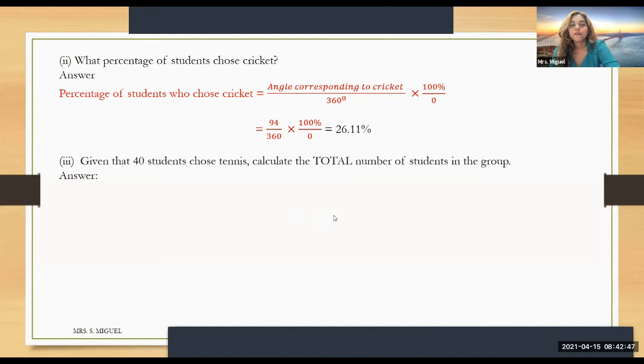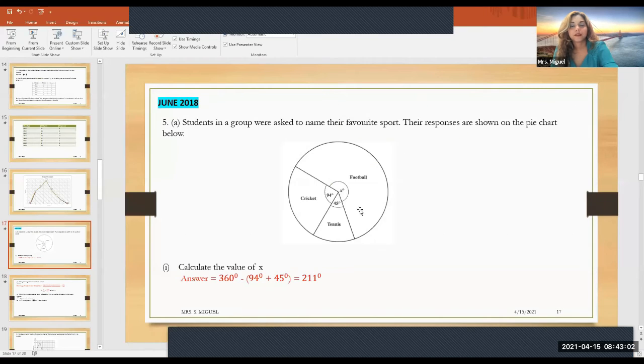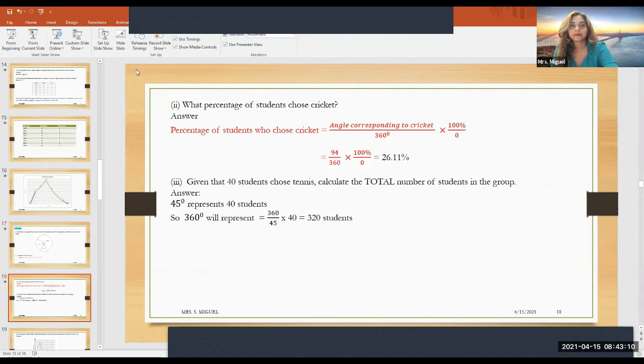Given that 40 students chose tennis, calculate the total number of students in the group. From our diagram, tennis is represented by a sector angle of 45 degrees.